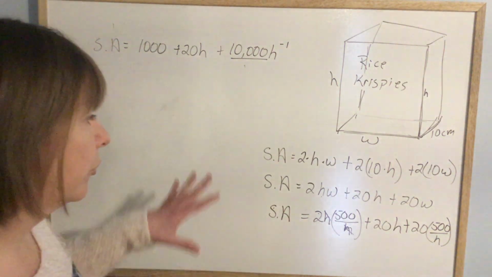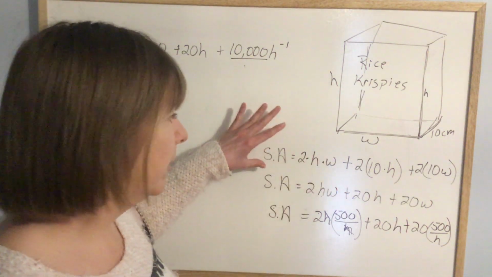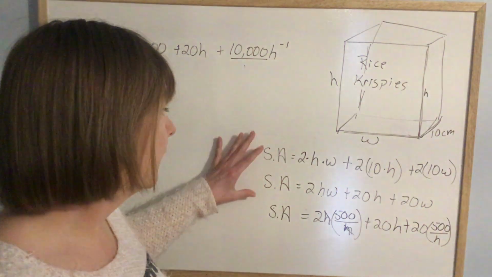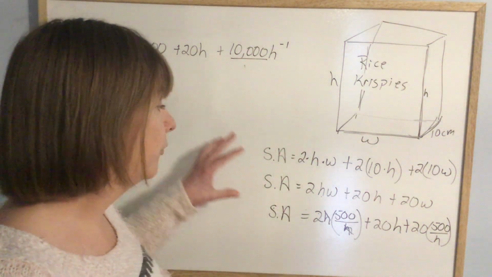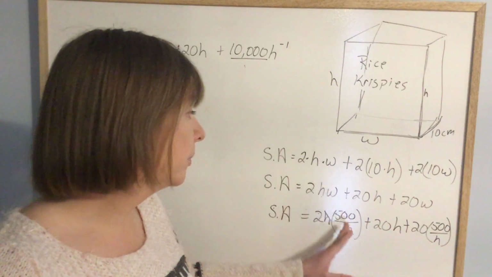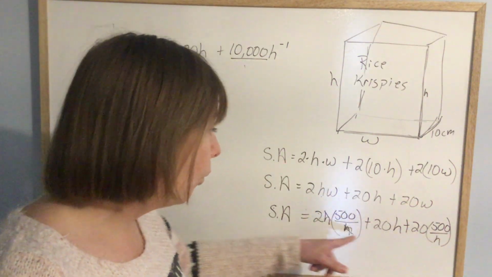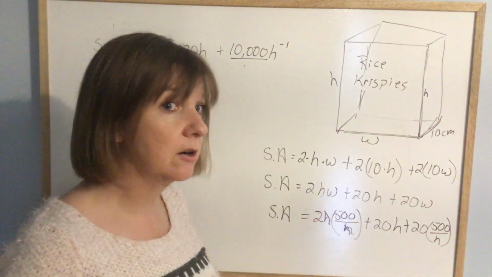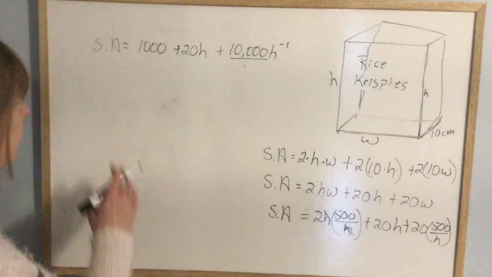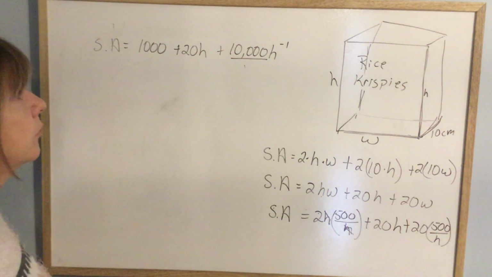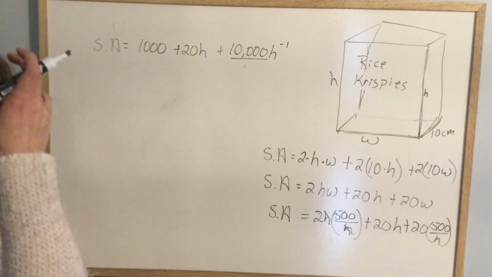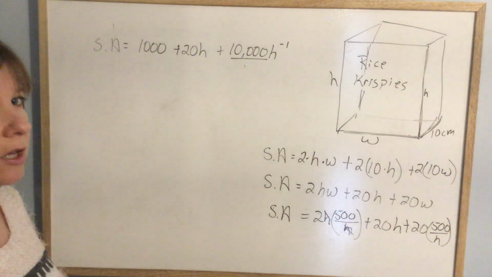Okay? So far all I did was I came up with my surface area formula. I used my volume formula so that I could replace one of these variables so that I only had one single letter unknown in my formula. So surface area is equal to 1,000 plus 20H plus 10,000 H to the -1.